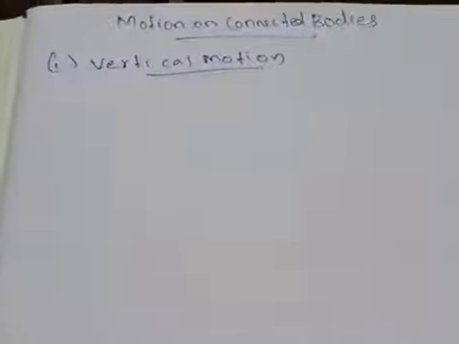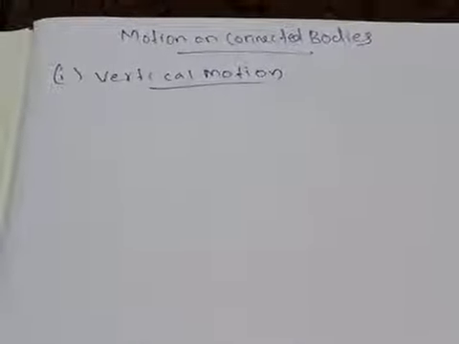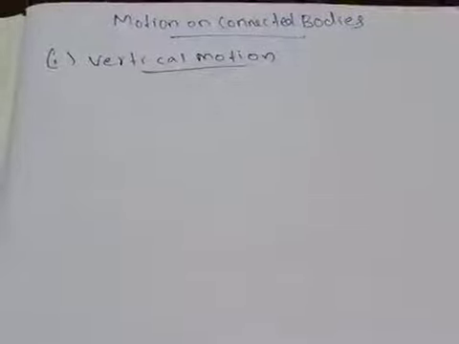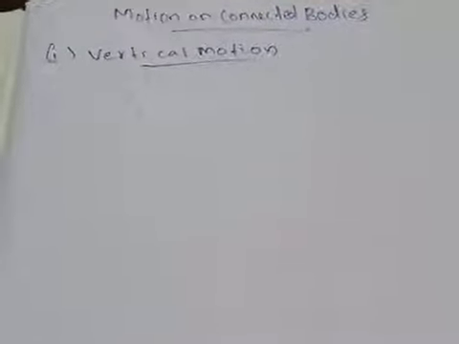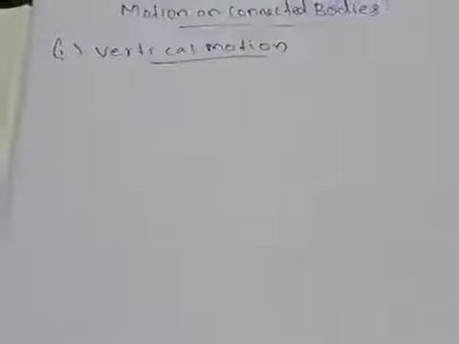Motion of connected bodies. Assume that we are connecting some object by using a string, and we are applying force on that object vertically, horizontally, or on an inclined plane. Some tension is produced in the string.